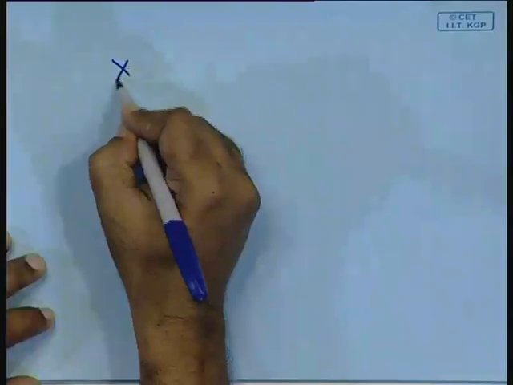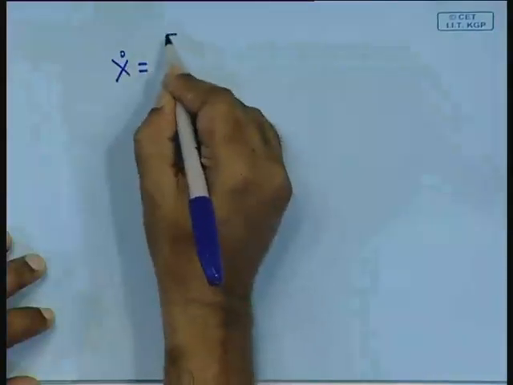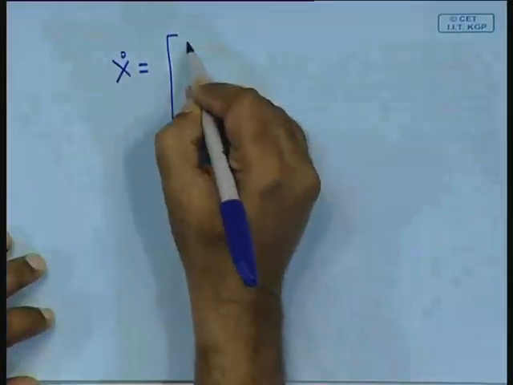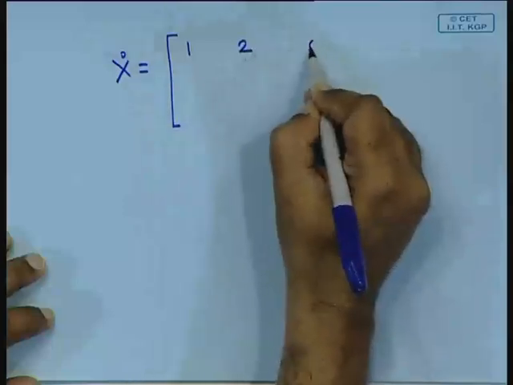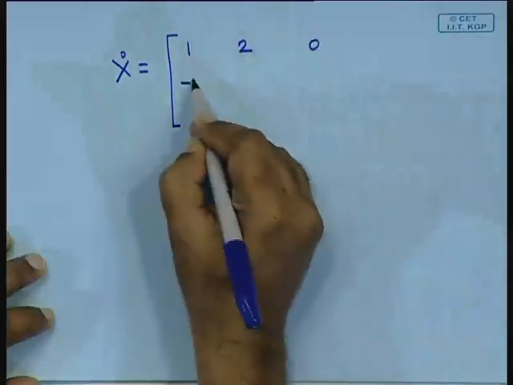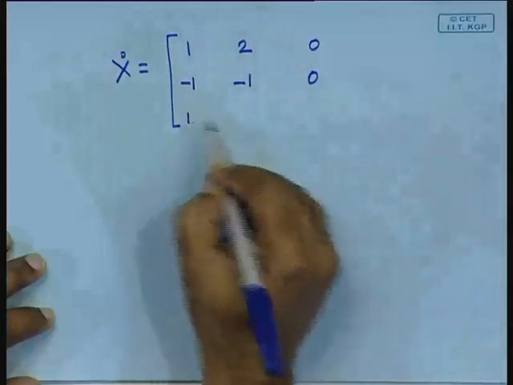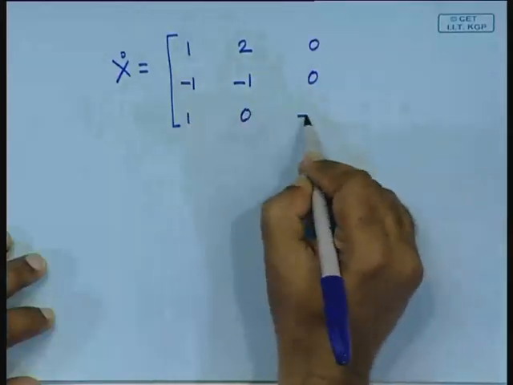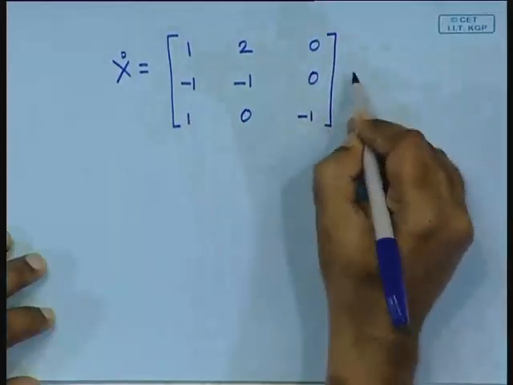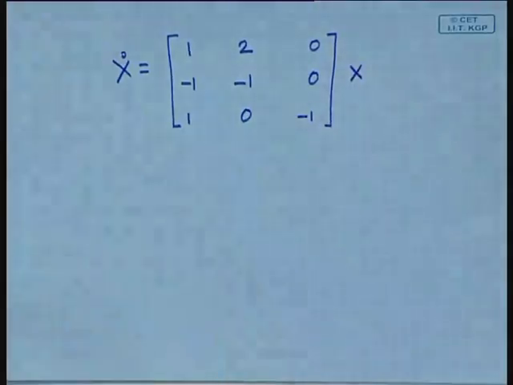Consider a system with x dot is equal to the matrix with rows 1, 2, 0; minus 1, minus 1, 0; and 1, 0, minus 1, times x. What will be the eigenvalues?